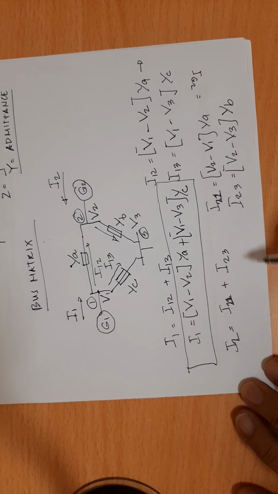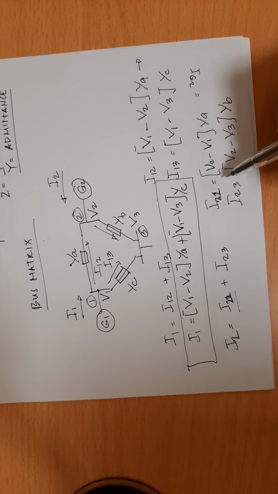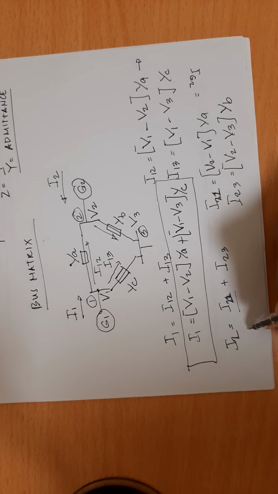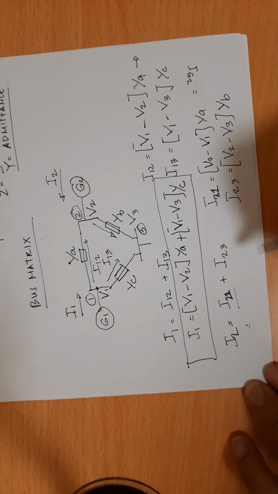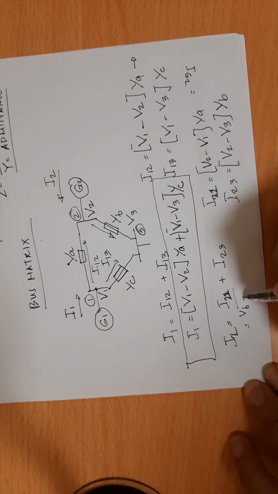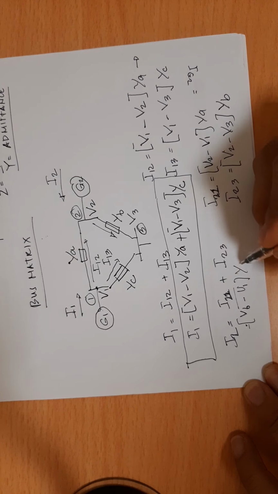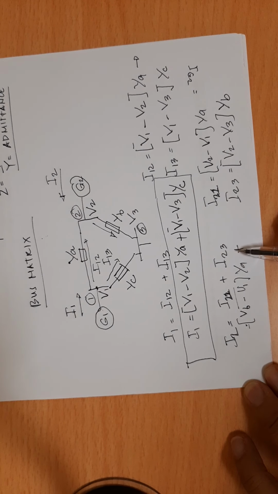Then we substitute also: I2 equals V2 minus V1 times YA plus I23.